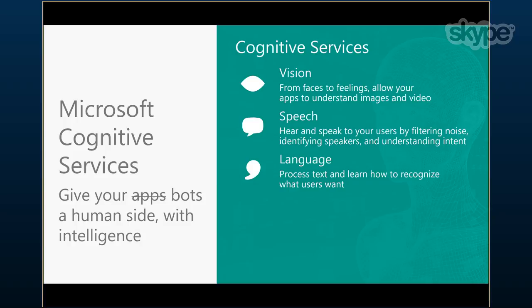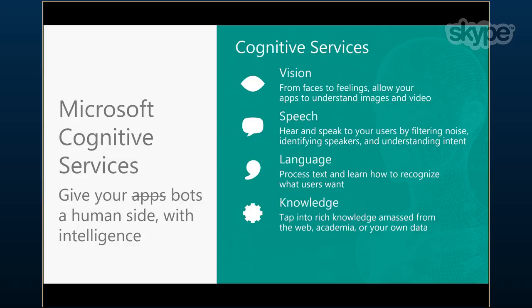So as your users are using your bots, you can determine while they're using the bot how happy or sad or angry they are based on the content that they're typing into your bot, and potentially use that to modify the behavior of your bot real time, or potentially to bring a human into the conversation when you detect that a user of your bot is struggling to complete a task that they need within their bot.